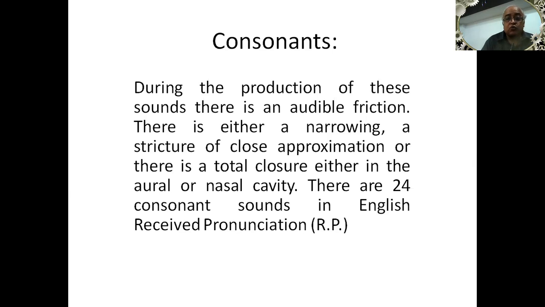So there are 24 consonant sounds in English, or let's say in the received pronunciation, RP. Received pronunciation is standard British English. Say we've got 26 letters of the alphabet, and we already have 24 consonant sounds.